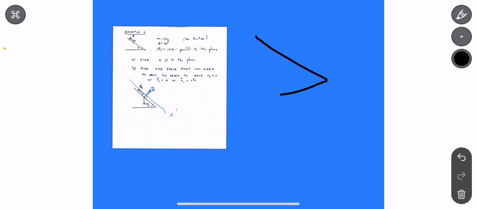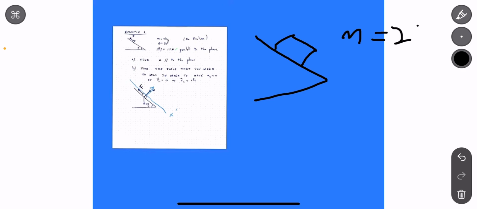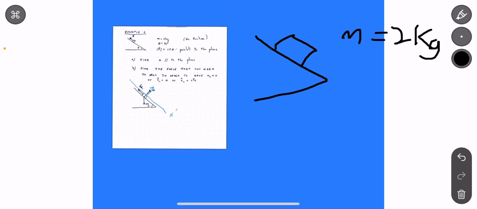And if we redraw the diagram now, we're going to work on it with the mass as 2 kg. Now we have to write in this new equation because we're trying to find out the F. We just found the ax, we have to find the rest of it now.